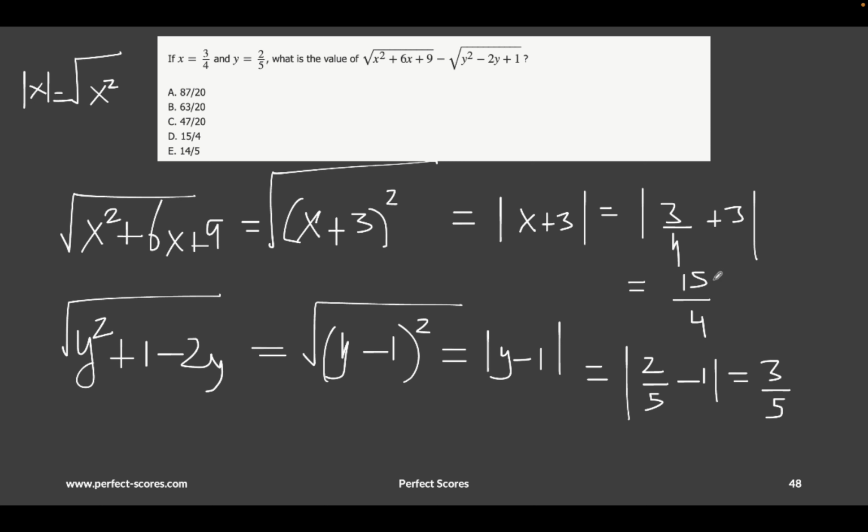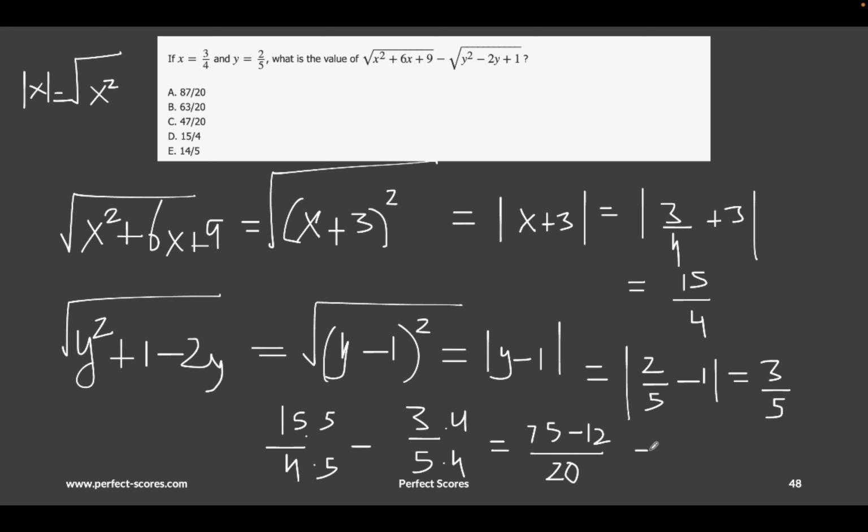So now I just have to subtract these two numbers. So I have to subtract 15 by 4 minus 3 by 5. So I can multiply 4 on both sides here, and multiply 5 on both sides here. So that's going to be 75 minus 12 divided by 20.